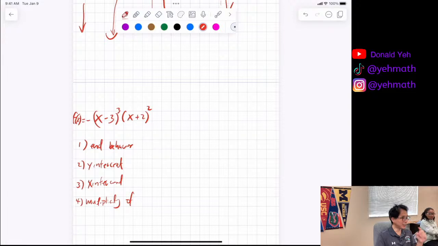So remember, something to the third looks like an x cubed graph. Multiplicity of a 0. 0 is also another name for x-intercept. By the way, 0 roots and x-intercept mean exactly the same.